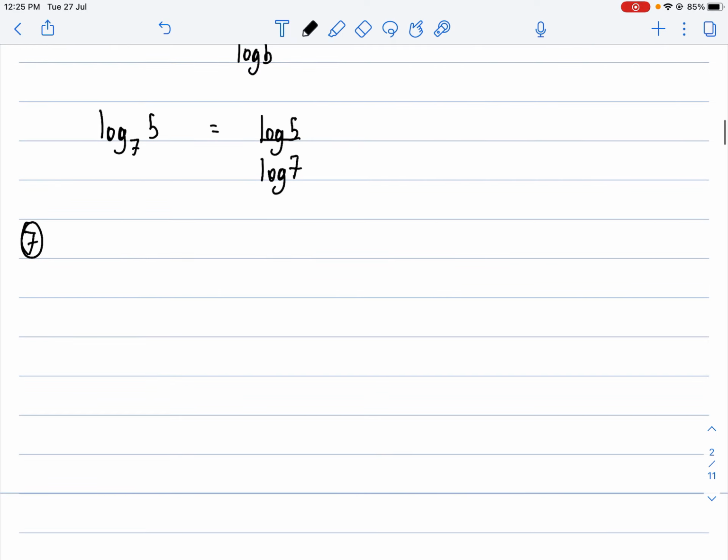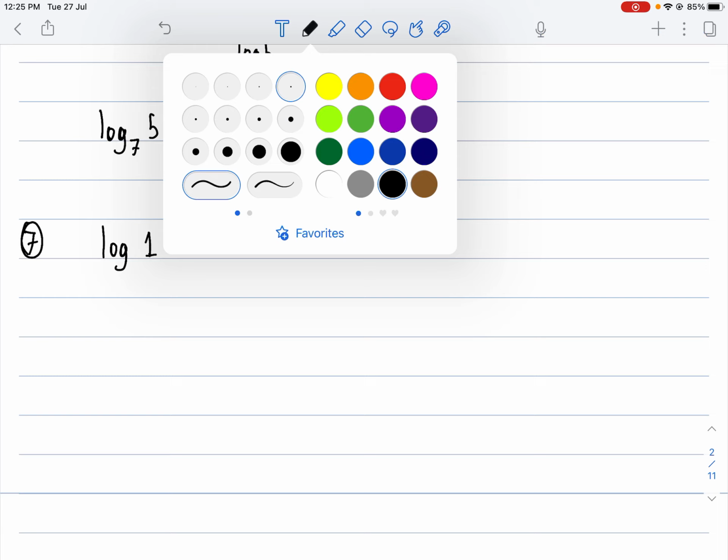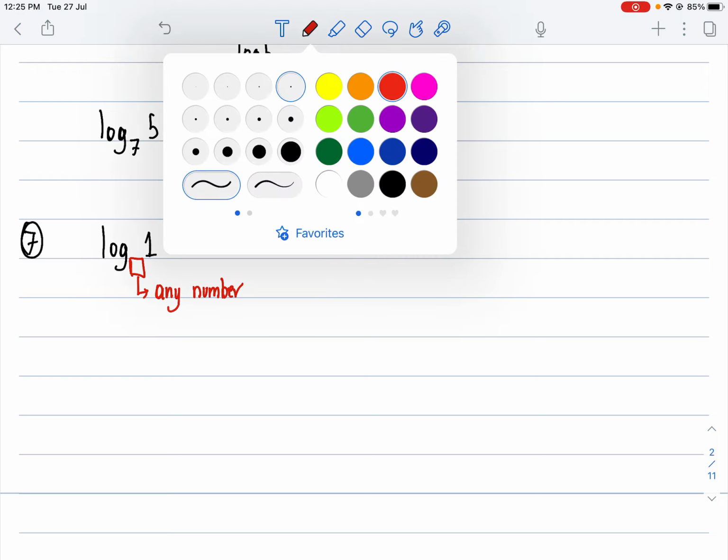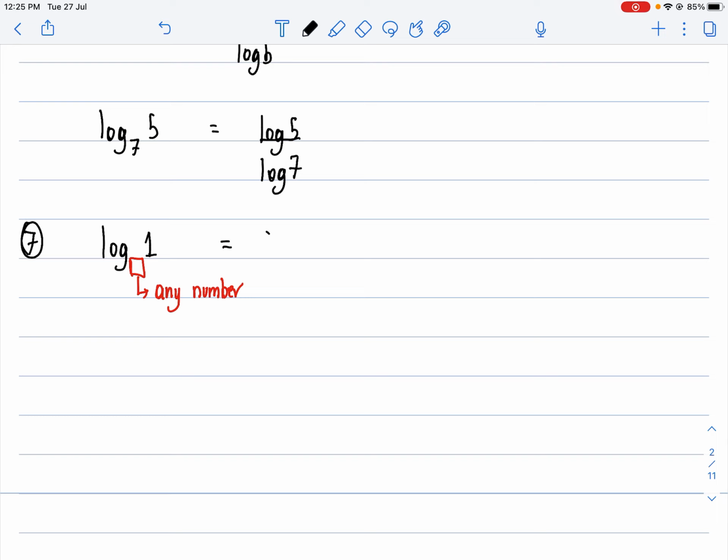Now the seventh property. Okay. Let's say if I have log 1. The base here can be anything. Any number. It doesn't matter. If it's 10, it can be 10. If it's 5, any number you take. But if you have something like log 1, it's always 0.